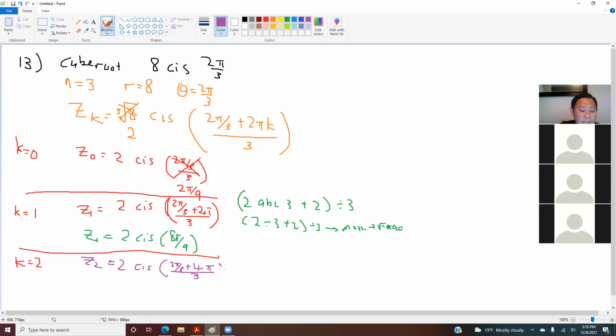So in this case, you do it again, but this time you don't have plus 2, you will have plus 4, because you double your k. If you do that, you will get your answer in this case. It'll be 14 pi over 9. So your answer in this case for Z2 will be 2 CIS 14 pi over 9.